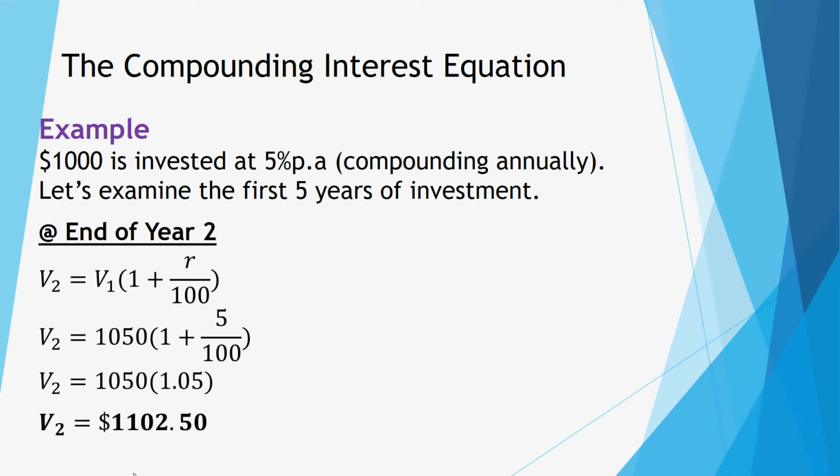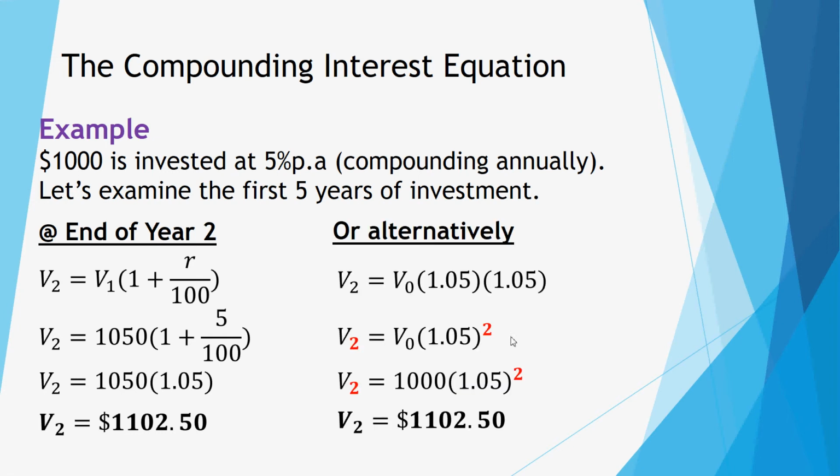That gives us a value at the end of our second year of $1,102.50. Again, from our initial investment, we've gained $102.50 interest. Now this can be calculated in one simple step. If we wanted to start with our initial value and multiply it by 1.05, that's where we get our 1050 from.